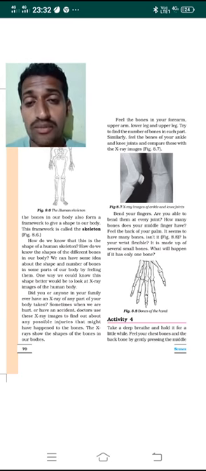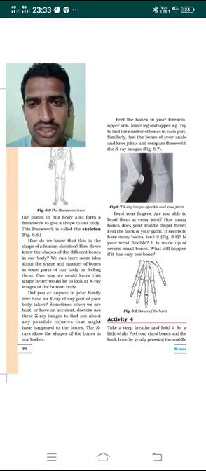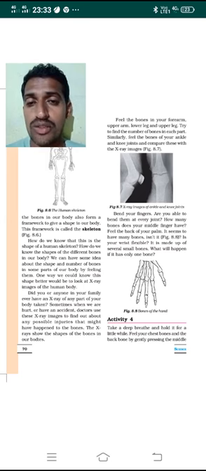Because the bones are very strong, but if any injury has happened, to see any breakage, the X-ray images are going to help the doctors. The X-ray images show the shape of the bones in our bodies. What is the shape of bones in our body, that will be shown to us.